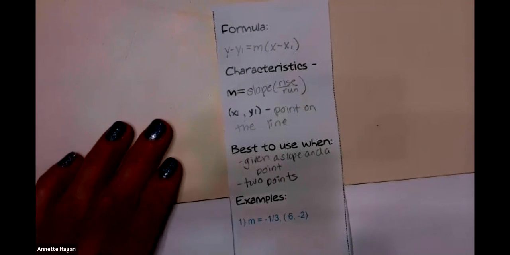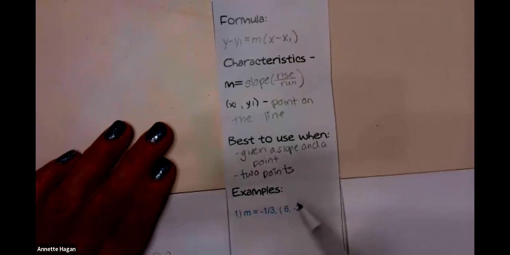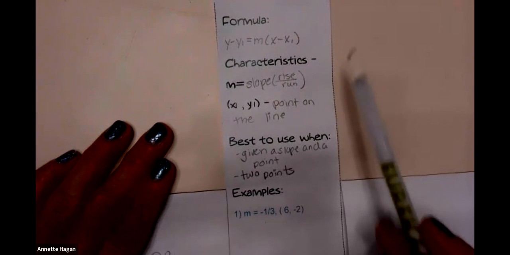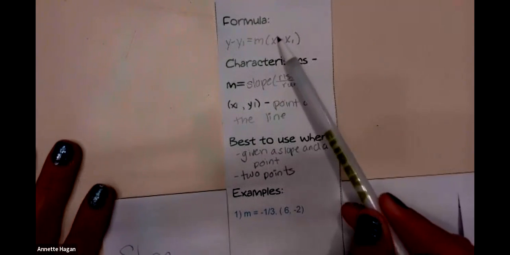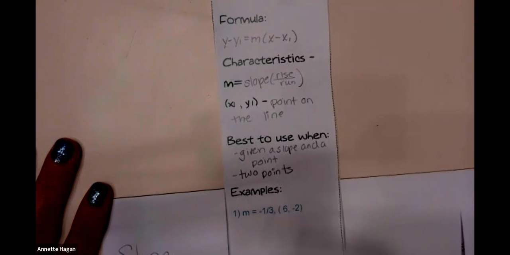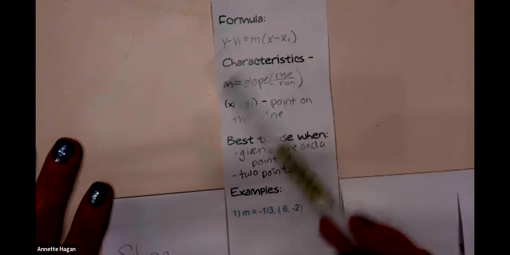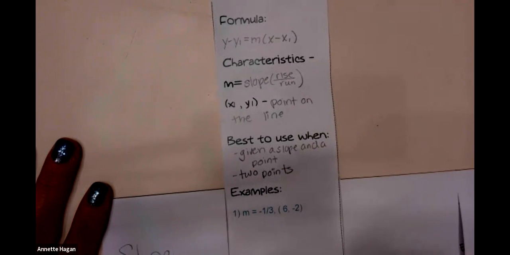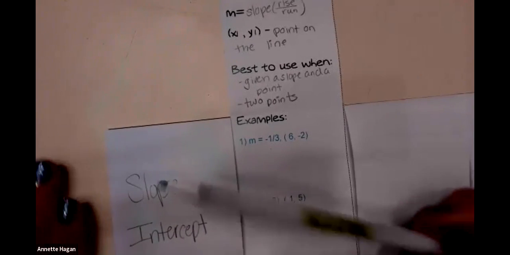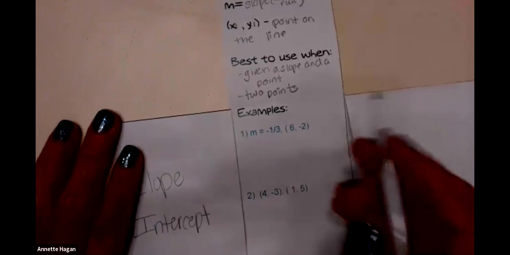And that's because you're going to be able to get into point slope form rather easy from these two. All right, you also need to be able to go from point slope form to slope intercept. A lot of times what we'll do is if we're given this information, we'll start here. And then once we get this equation written, we'll solve for y and we'll end up back here at slope intercept form. So let's look at these two examples.